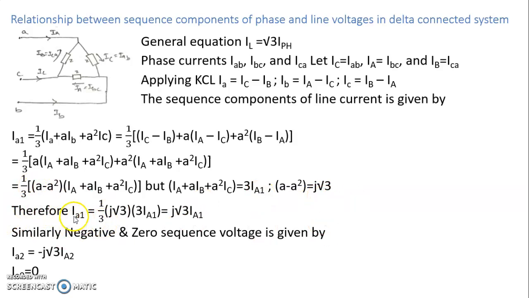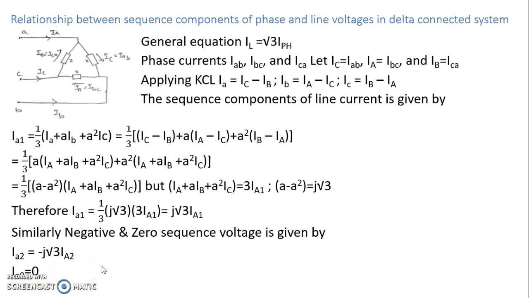Hence we have an equation for IA1, the line current in terms of the phase current, that is root 3 times the phase current. The change is that it is leading by an angle of 90 degrees. Similarly for negative and zero sequence, if you solve, the negative sequence line current is lagging by 90 degrees with root 3 times, whereas the zero sequence current will remain as it is.